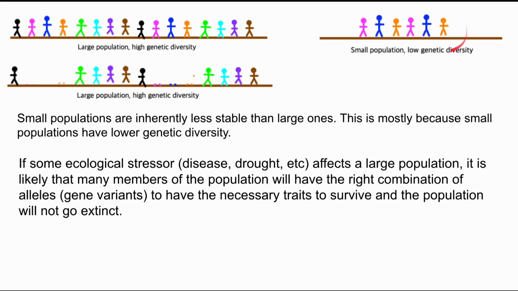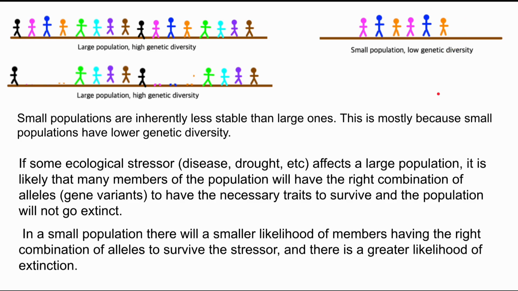But if you look over here, that's all we have. So if that same stressor happens over here, there's just nobody left. The population goes extinct. So having a small number of individuals tends to lead to low genetic biodiversity, which tends to lead to less successful recovery from ecological stressors. So we'll start with that.